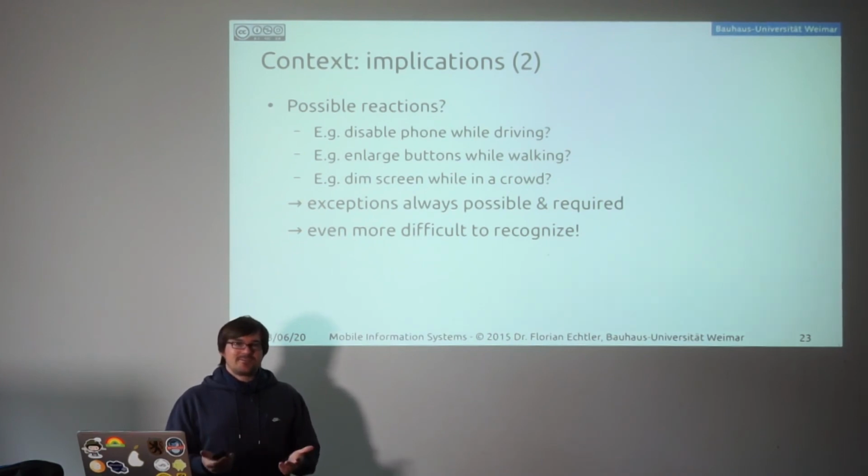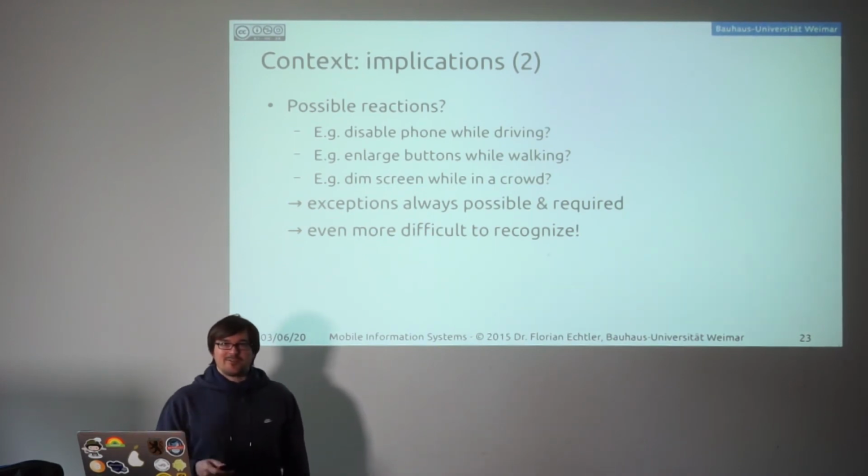Then you would still need a way to turn off this feature to make an emergency call, for example. And that's even more difficult by, I don't know, how many orders of magnitude.